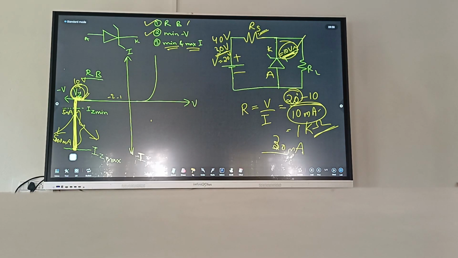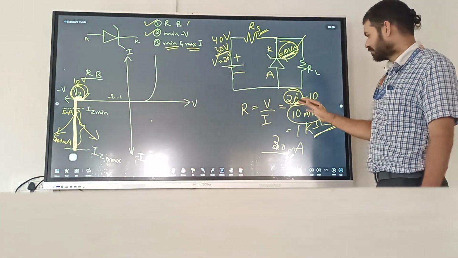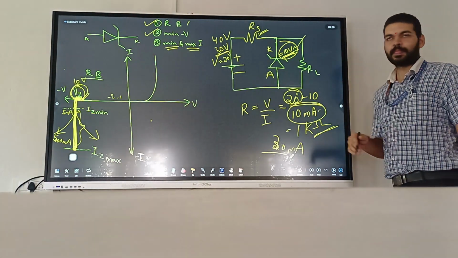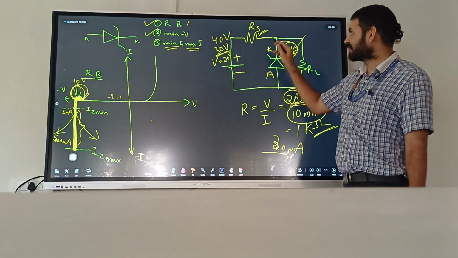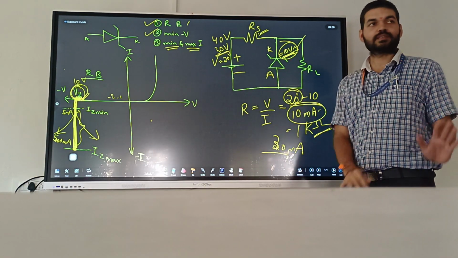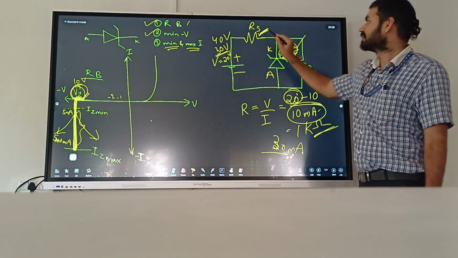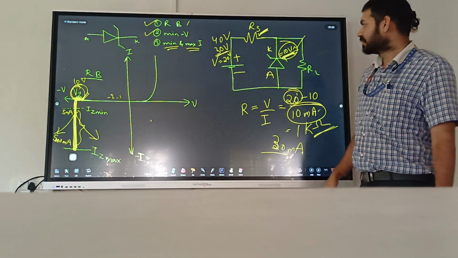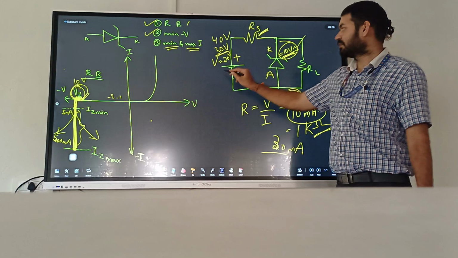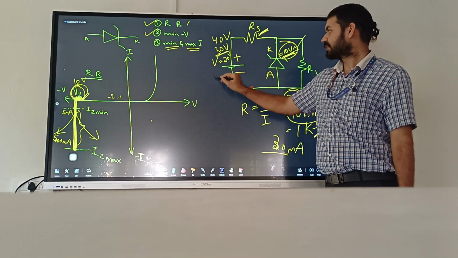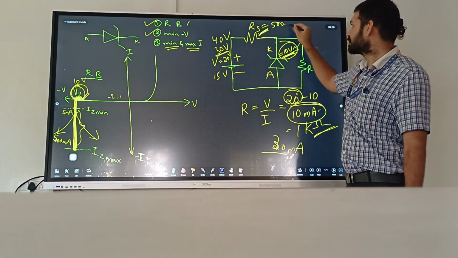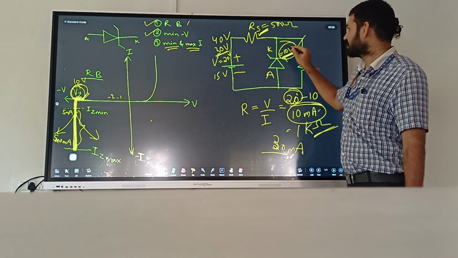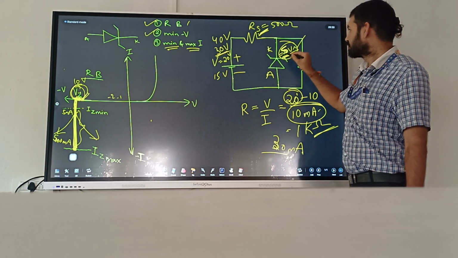So you can get some simple problems based on these. They will give the current, or they will ask you the current. Series resistance they will give you. So they will give you 15 volts, and RS they will give 500 ohms. And they will give 5 volts.